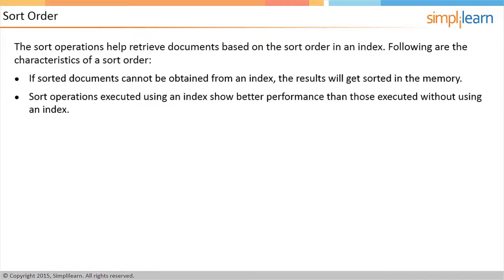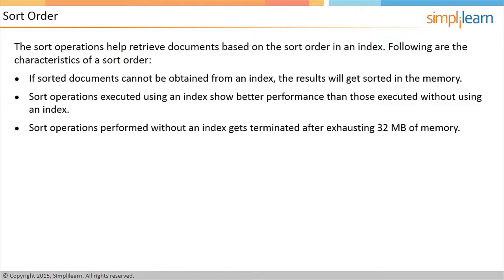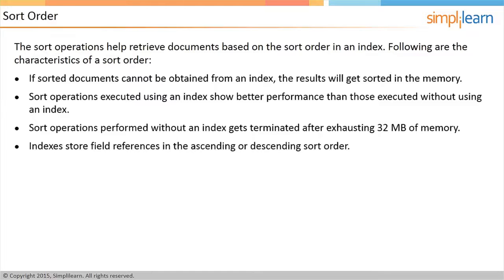Sort operations executed using an index show better performance than those executed without using an index. In addition, sort operations performed without an index get terminated after exhausting 32 megabytes of memory. Typically, indexes store field references in the ascending or descending sort order.